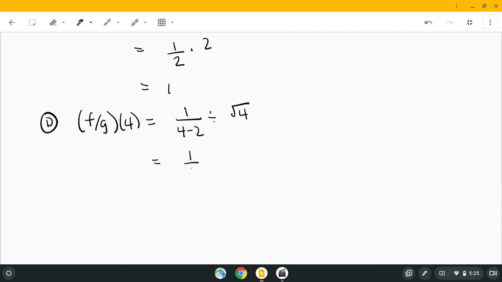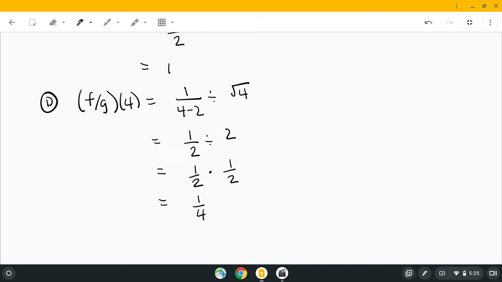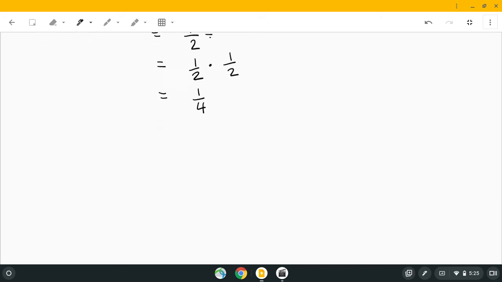So that would be 1 over 2 divided by 2, which is 1 over 2 times the reciprocal, and we get 1 over 4. Okay. All right, so that's how you work with the operations with functions. Pretty straightforward. So the topic here that's a little more abstract is the composition of functions.